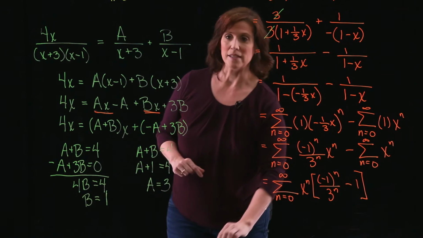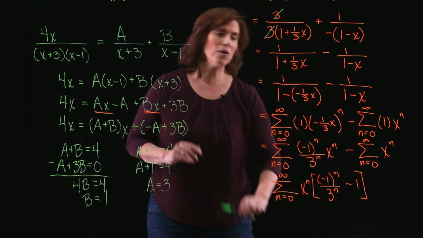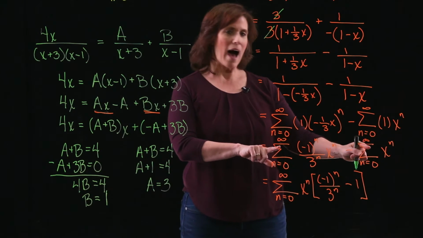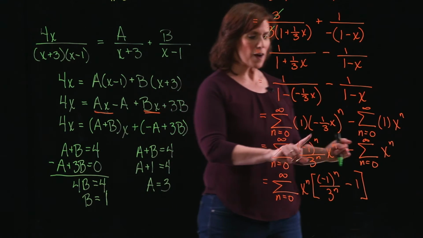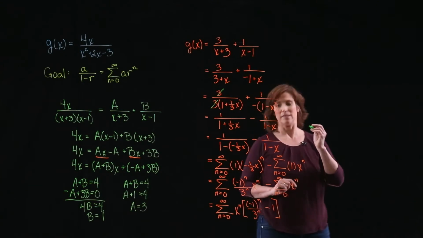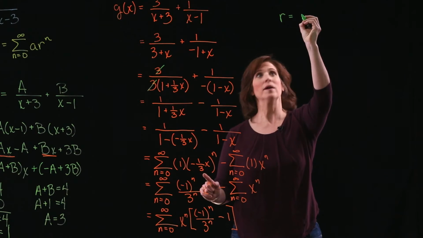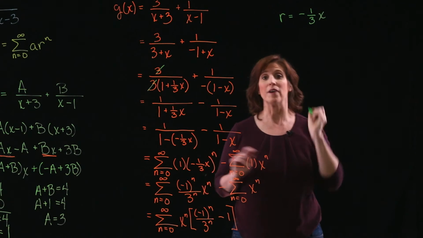Now, the last piece of this is we need to discuss the interval of convergence. Well, in order to talk about the interval of convergence, I'm going to go back to the spot where I was thinking of these as two separate geometric series. Because if I look at my first geometric series, I'm going to notice that my r value is going to be minus 1/3 x.